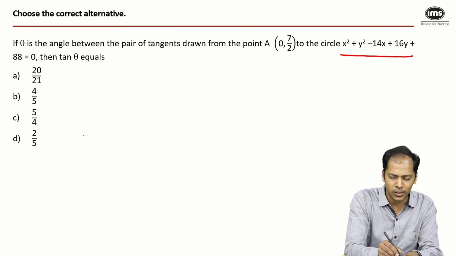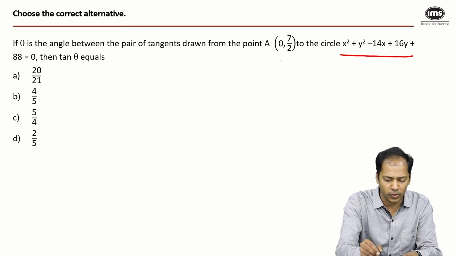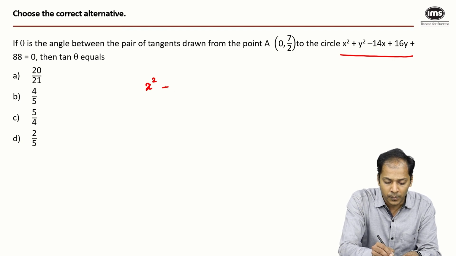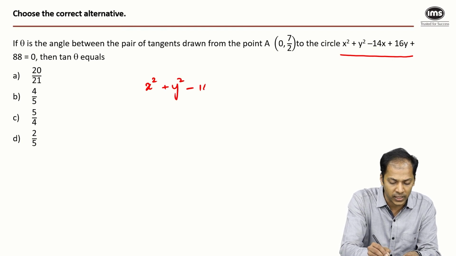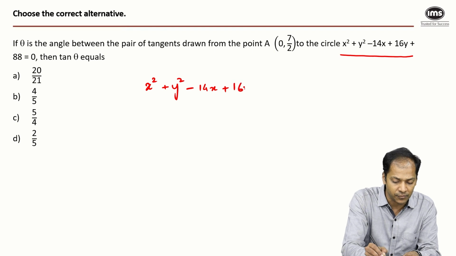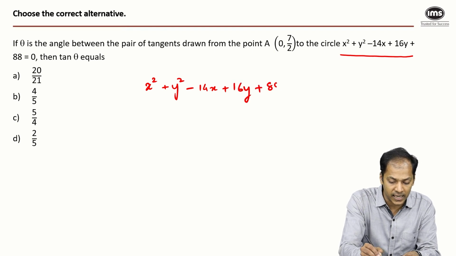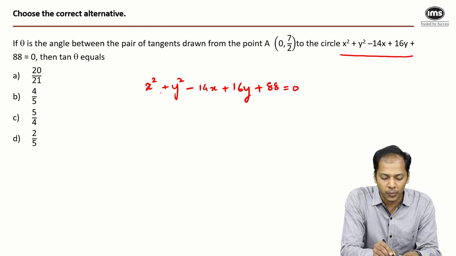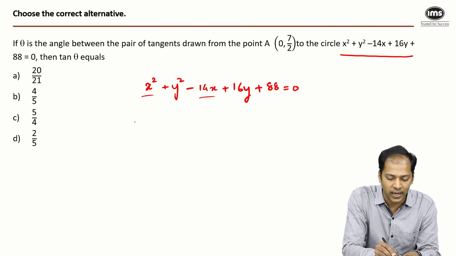Okay, so if I quickly try to factorize, this would be x square plus y square minus 14x plus 16y plus 88 equal to 0. What I would do is pair up the x square minus 14x, so that will become x minus 7 the whole square.